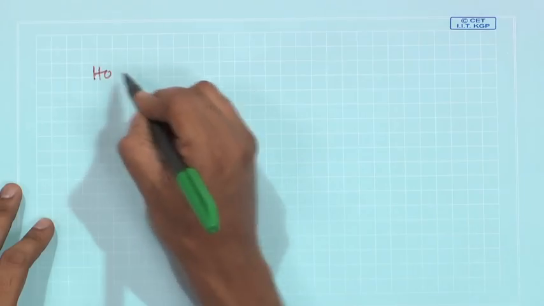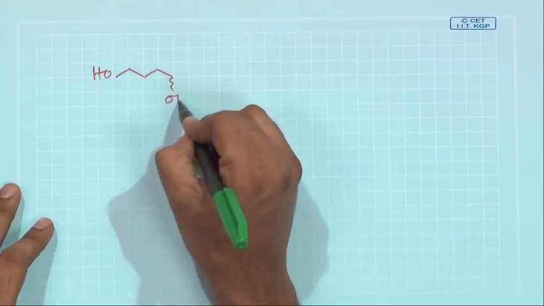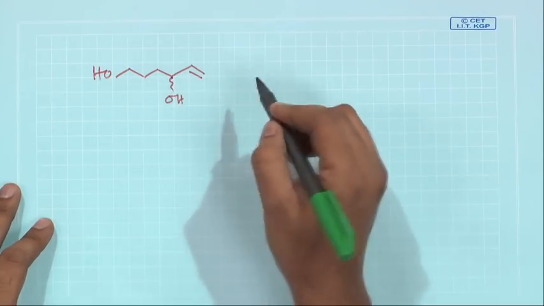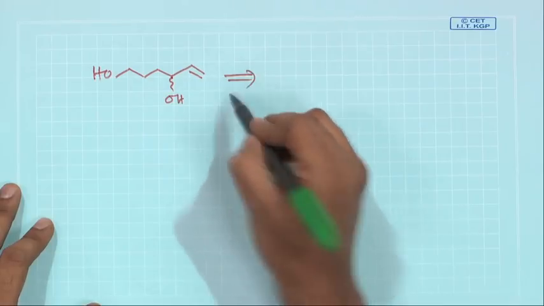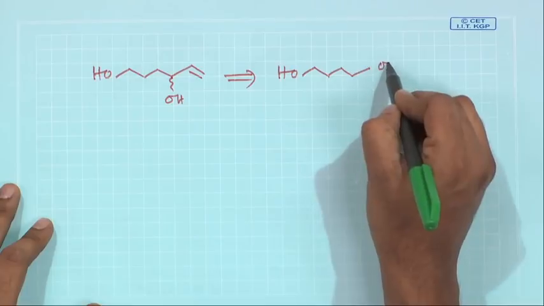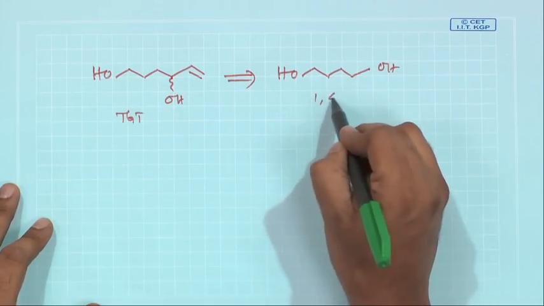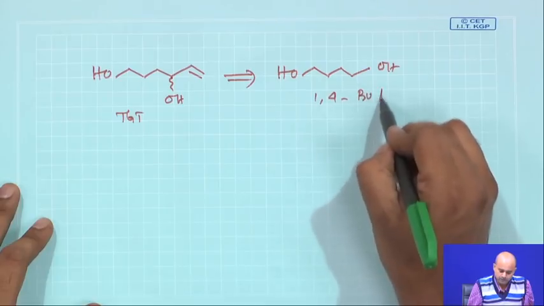Similarly, in a similar way we will try another problem, which is based on something like this. The problem given to you is a target molecule, and 1,4-butanediol is the starting material.